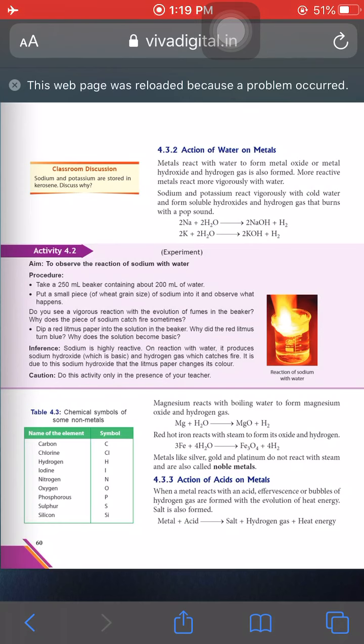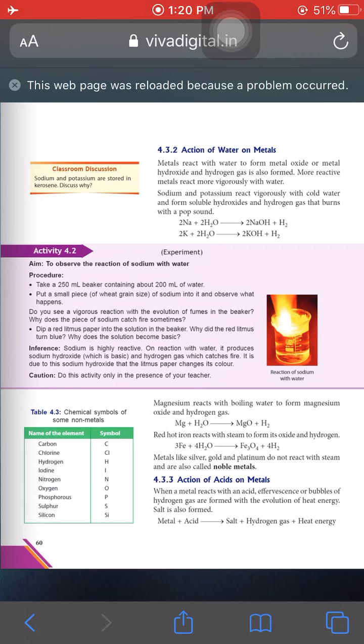Those metals which do not react with oxygen or water are known as noble metals. For example, silver, gold and platinum, they don't react with steam, water or oxygen. So these are called the noble metals.